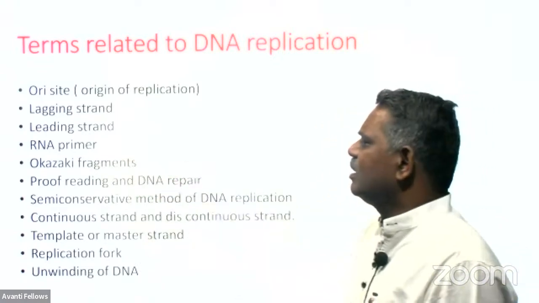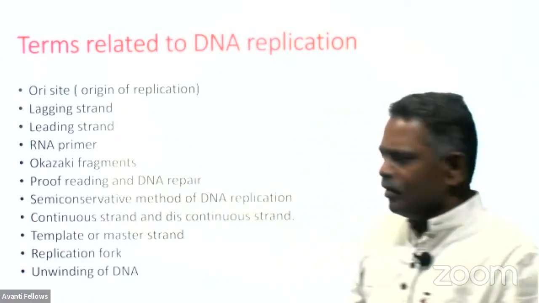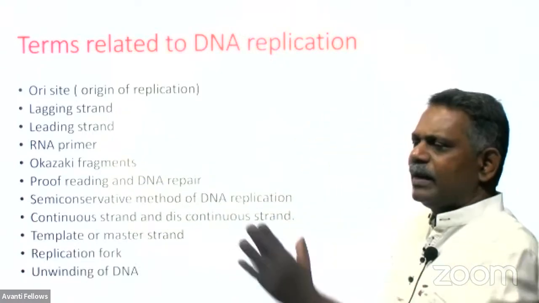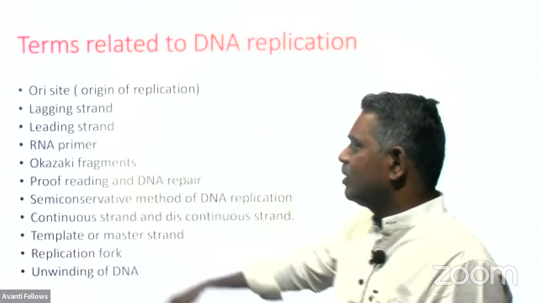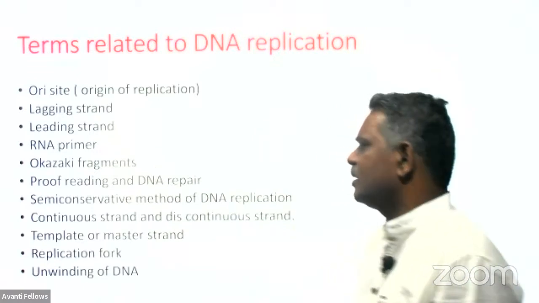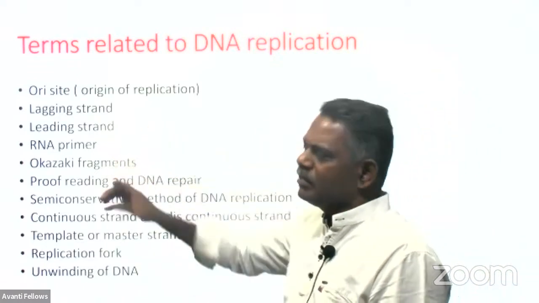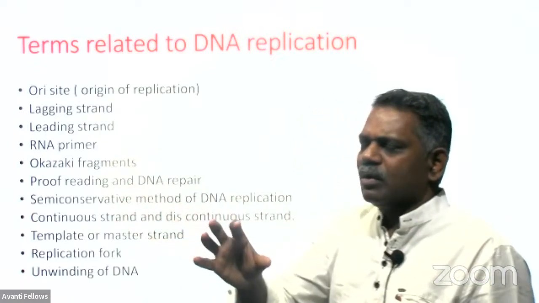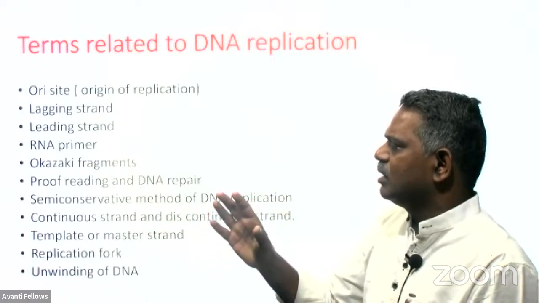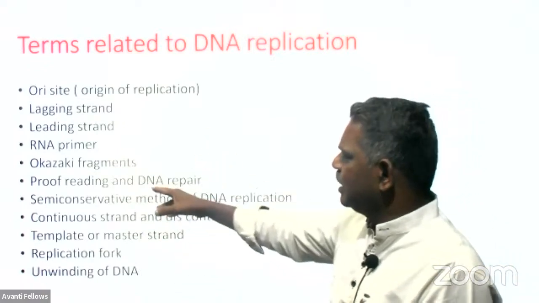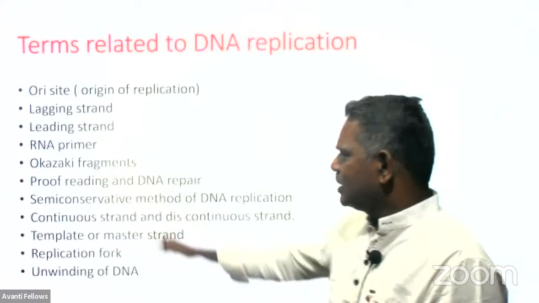And the strand with these Okazaki fragments, we call the lagging strand. Whereas on the other side, it will move continuously from 5' to 3' direction, and we call it the leading strand. So lagging strand, leading strand, then RNA primer, a small RNA piece fixed there for attaching the enzyme called DNA polymerase.